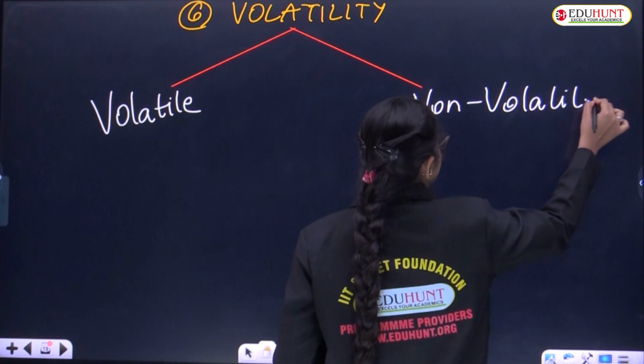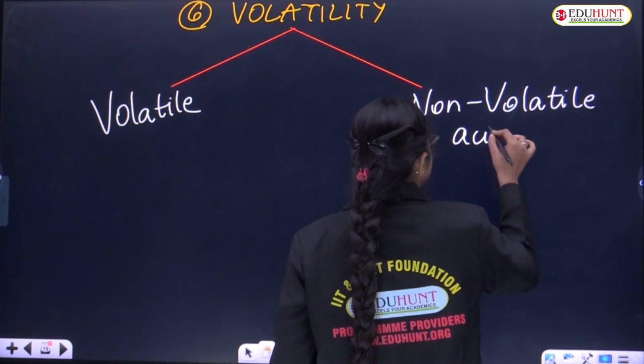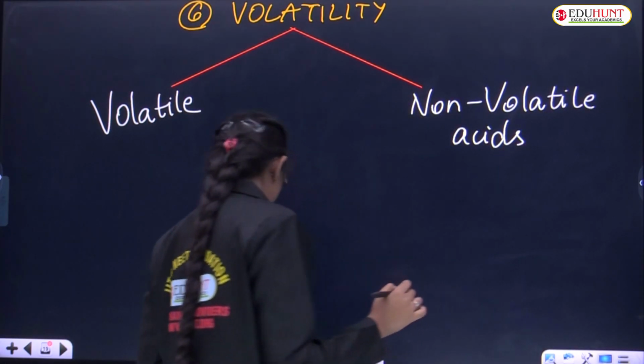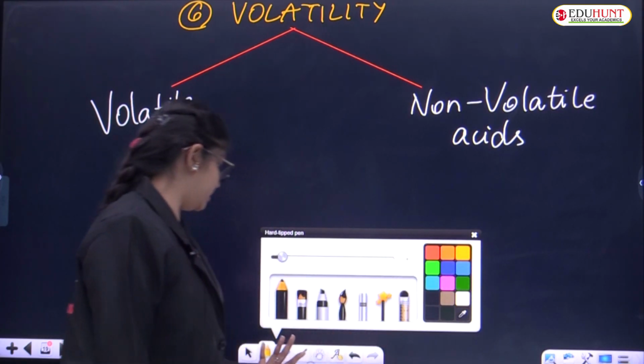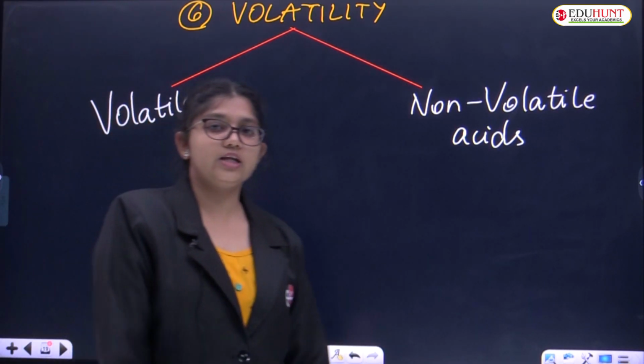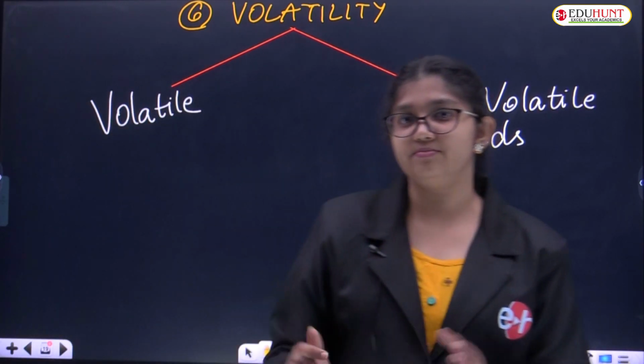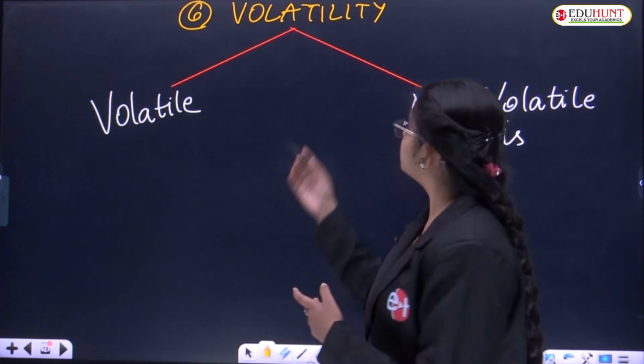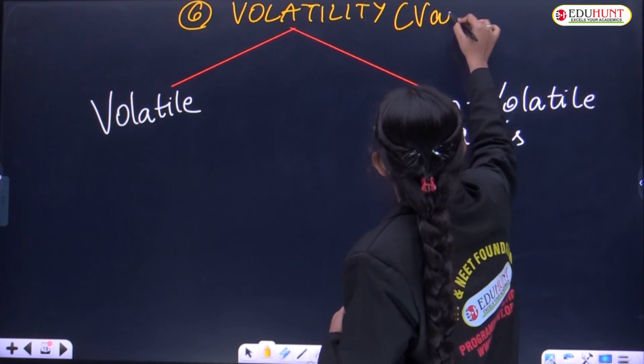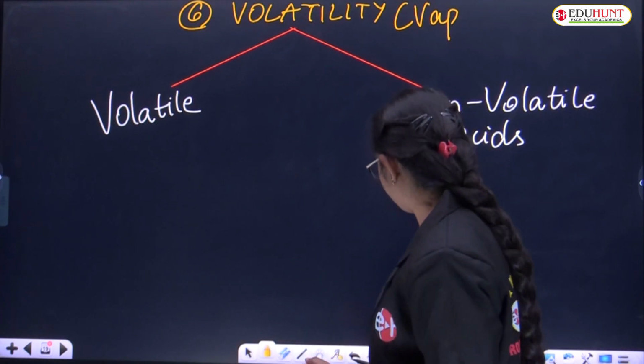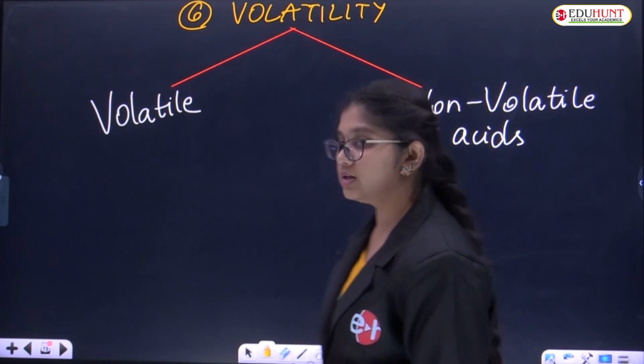What is the meaning of volatile now? You know, volatile means something which vaporizes easily, evaporates easily. It is based upon vaporization. Okay, here I'll write it down for you.